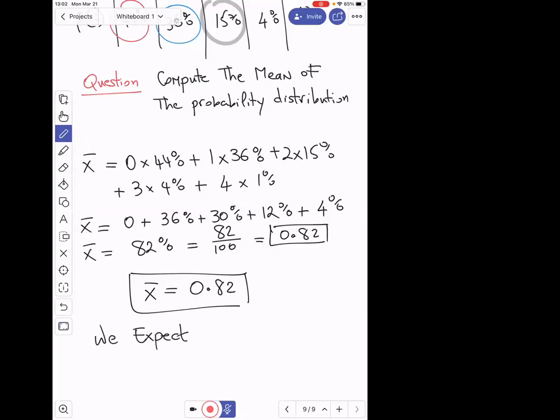So when you select a random fisherman, we expect that the fisherman catches, let's say, 0.82 fish.